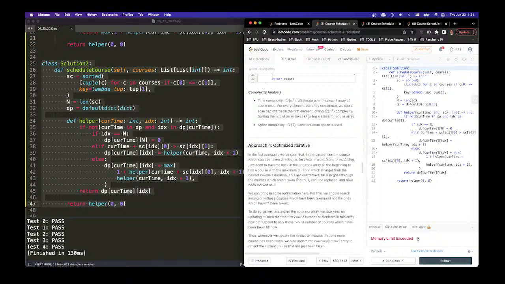Then we pop this one out and keep looking, because every time we look, we are extending the end date. So every time we add a class, we become a little more lenient, and because we become a little more lenient, every time it goes in, the time also increases just a little bit, right?